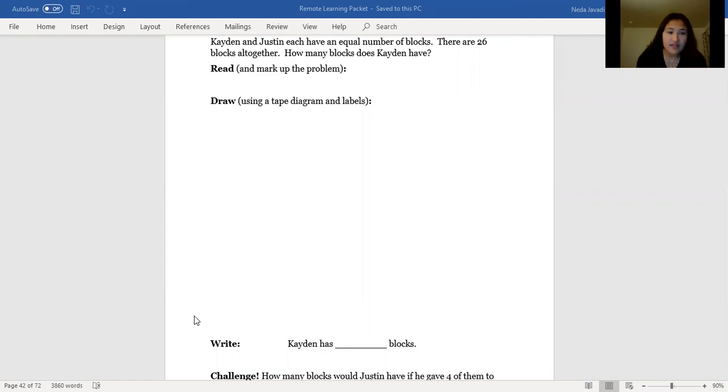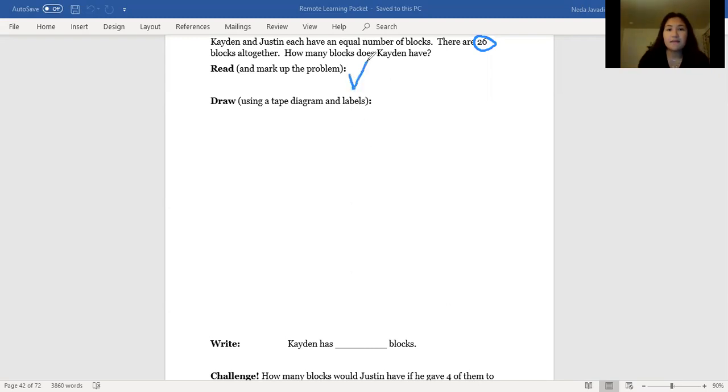We know that there are 26 blocks all together. The word all together also means total. So we know that the two boys have 26 blocks all together.